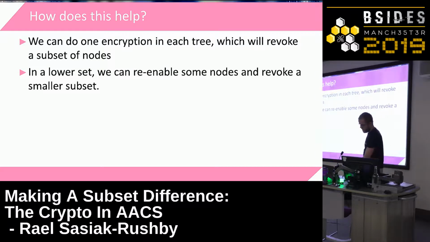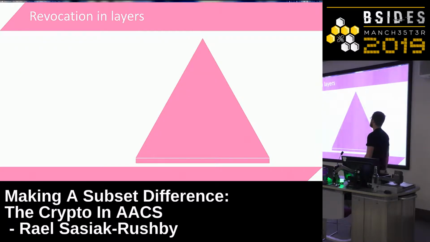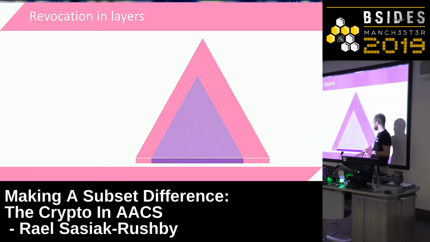And hopefully this will be a bit more obvious if I display it visually. So imagine this is our grand master tree, and right now everyone's unable to access any media. And then I want to revoke anything under here. So I've done a revocation at this level, and anyone in this triangle can no longer access this media.